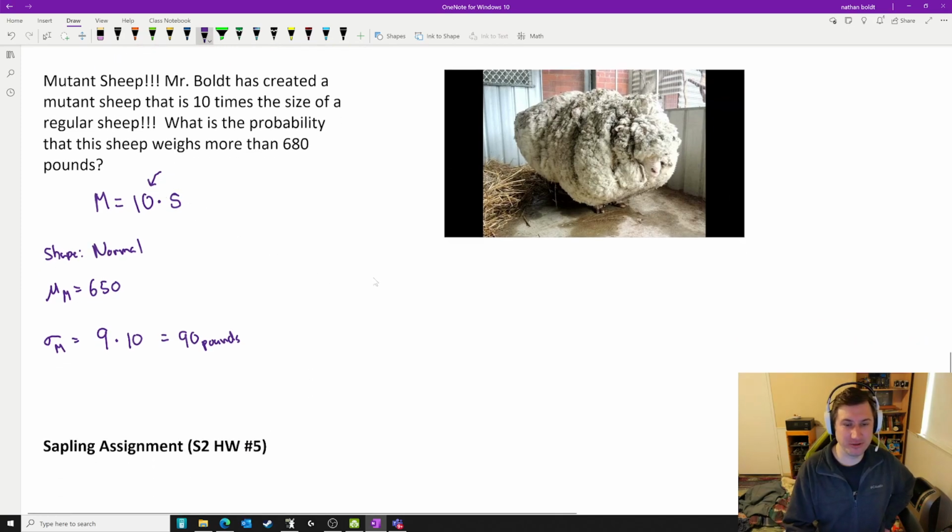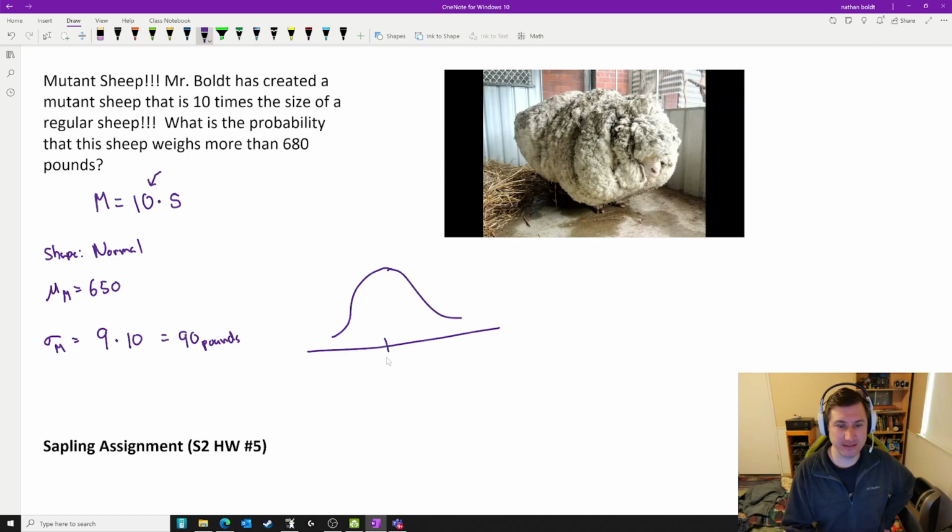Now we do our normal model. What are the chances? Let's see, we're at 650. What are the chances this sheep is over 680? But now the standard deviation is 90.